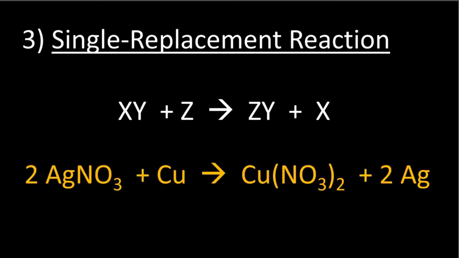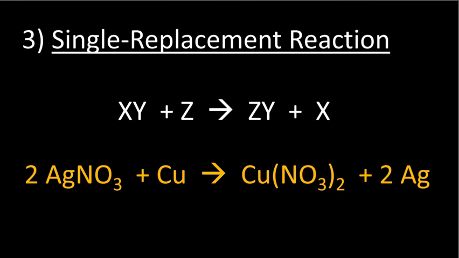Okay, an example looks kind of complicated because of all the letters and numbers, but it's not. You see silver, Ag, NO3 is one thing, and you have copper. Okay, silver and NO3 are together, and your copper's by itself. And what you have is this copper and this silver switch places so that you end up with copper and NO3 and silver separately.